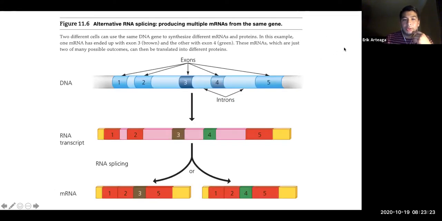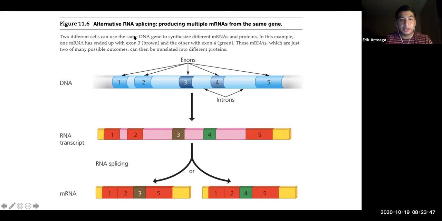All right, and we also have alternate splicing. So we have introns and exons, right? Introns are going to be clipped out and left inside of that nucleus, whereas exons are going to be spliced together, right? These 1, 2, 3, 4, 5 segments of the RNA are going to be spliced together, or they can be spliced together in different ways.